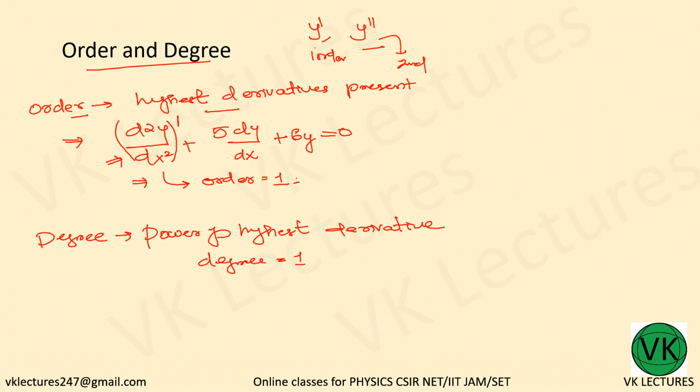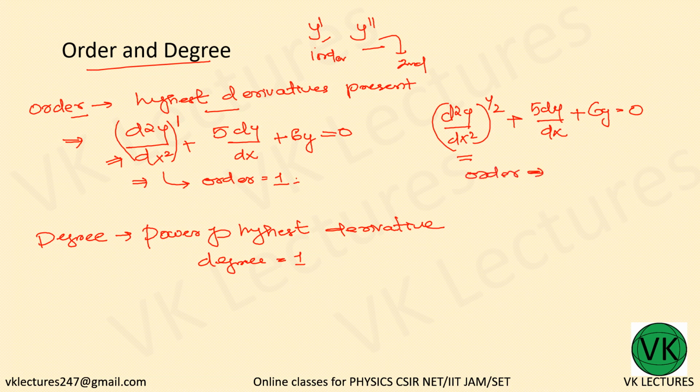For example, if I write d square y by dx square whole to the power 1 by 2 plus 5 dy by dx plus 6y equal to 0, here the order is again 2, and the degree is also 1.